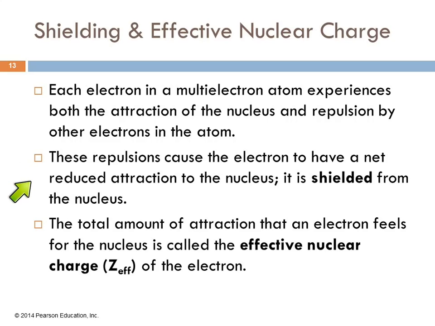The repulsions cause the electron to have a net reduced attraction to the nucleus. We say it's shielded from the nucleus. And so the total amount of attraction that an electron feels for the nucleus is called the effective nuclear charge of the electron. And the symbol they use for that is Z eff. So Z effective, the effective nuclear charge.